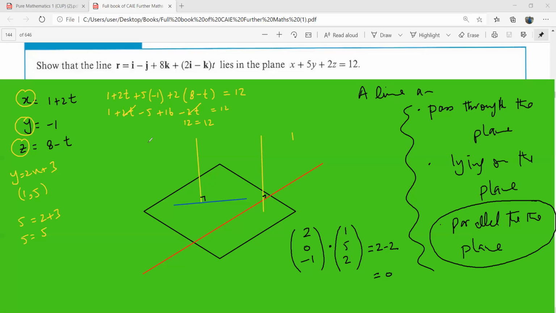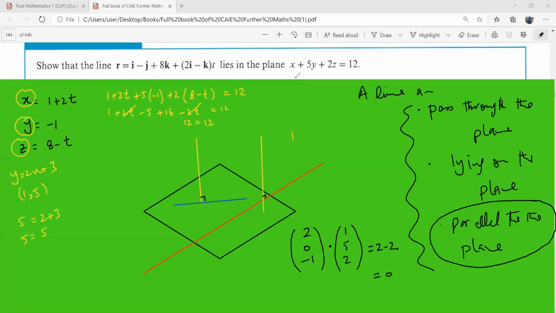You can do this in two steps as well. First of all, find the dot product between the direction vector of the line and the normal to the plane, this will be 0. And secondly, if you substitute this point, which is 1, minus 1, 8, into the plane, you will see that that will be an identity.